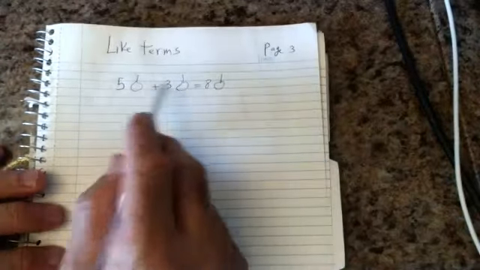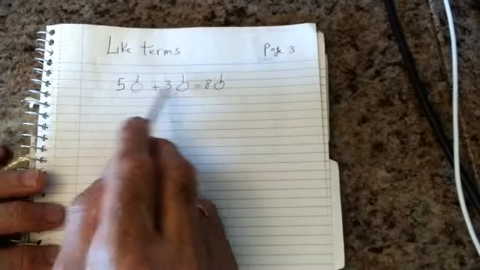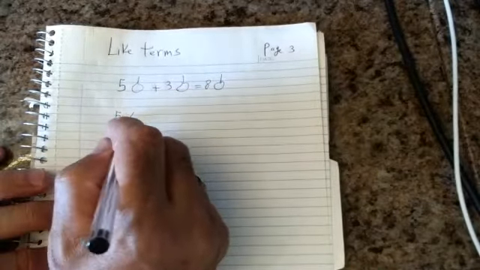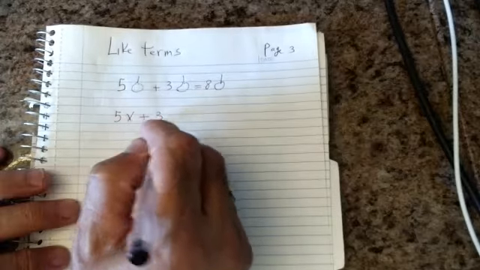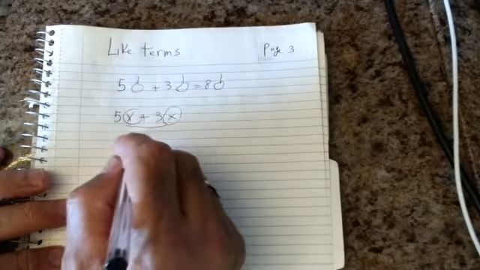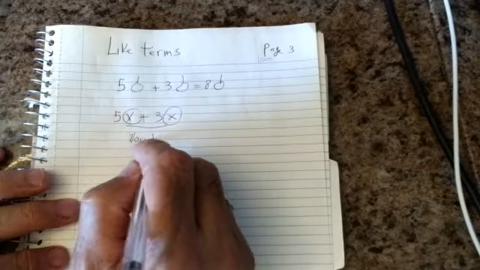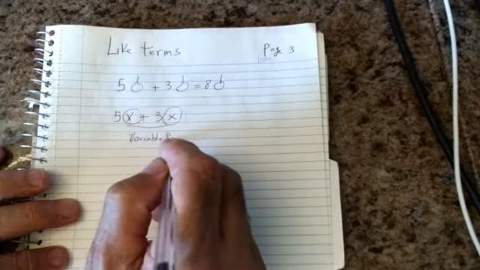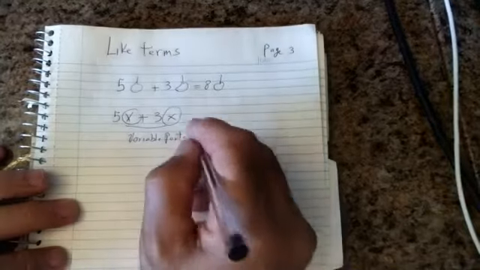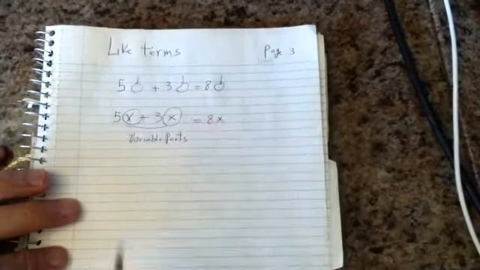Both are apples. So if I have 5x plus 3x, the variable part must be identical. Then you can add, correct?